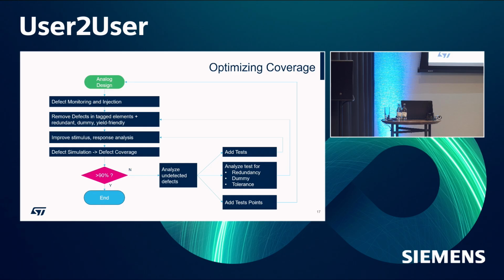Otherwise, if we are early enough in the flow, we can also add some test points to be spotted at ATE exercise, at the final test as at EWS, and we can take advantage of having a bigger coverage looping this way. So again, this is a loop ideally to be closed once our target is reached.